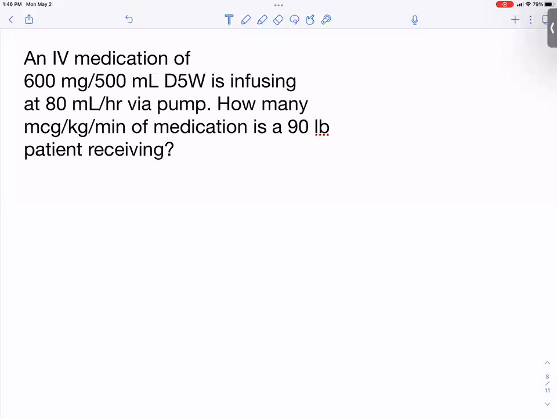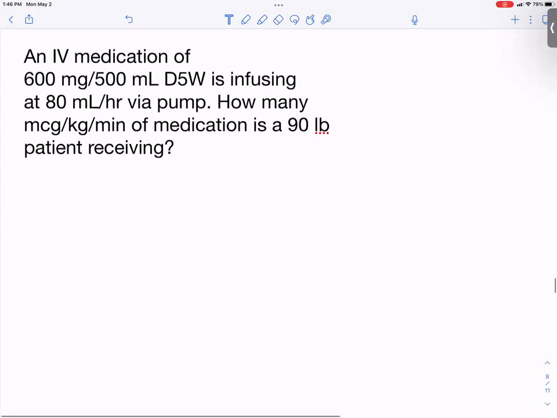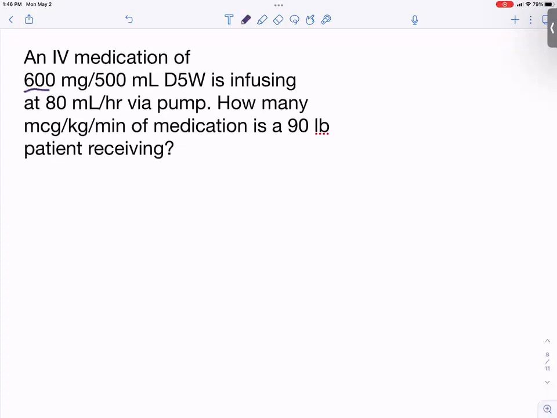So here's a 3-factor IV problem, but it's asking you to solve for a 3-factor. So I wanted to review this with you. So when we look at this problem, it says an IV medication of 600 milligrams in 500 mLs of D5W is infusing at 80 milliliters an hour via pump.